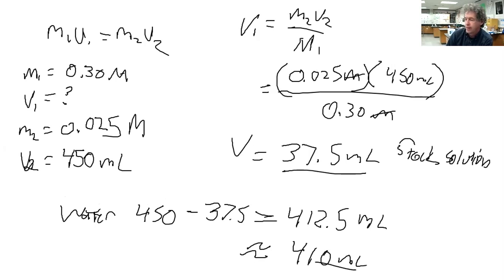So you would need to add 410 milliliters of water, or 412.5 technically, to 37.5 milliliters of stock solution, and that should give you 450 milliliters of a 0.025 molar solution. With that, that briefly goes through what we talked about in class.